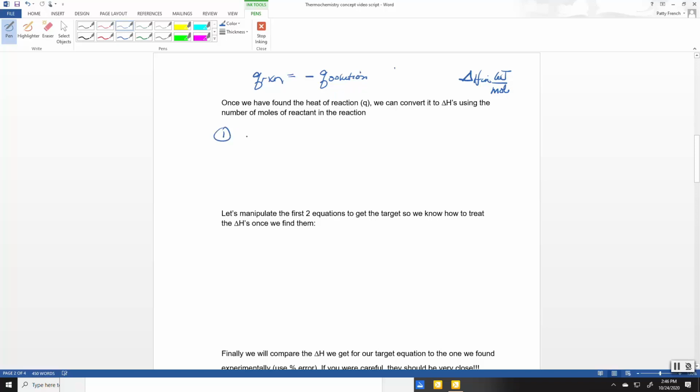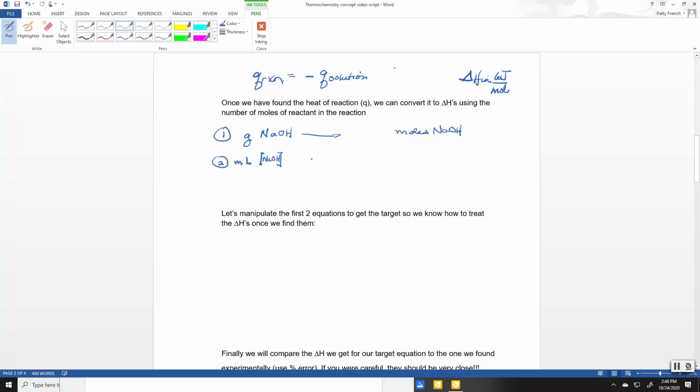For the first trial, we're going to know the grams of the NaOH. How do you convert grams of NaOH to moles of NaOH? I'll leave that to you to figure out. For the second reaction, we're not going to have grams of NaOH. We're going to have milliliters of a sodium hydroxide solution that has a known molarity.